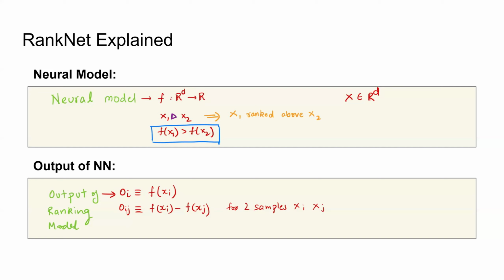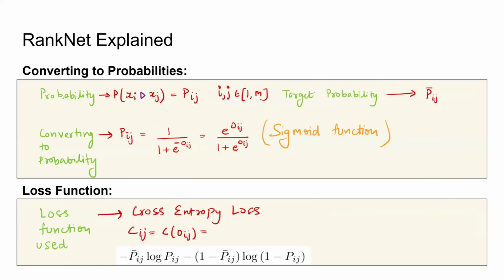Okay, so this is the output oi from the neural model, f of xi. After that we convert it to probabilities. The probability definition is that if document xi is ranked higher than document xj, we compute the probability pij for it.